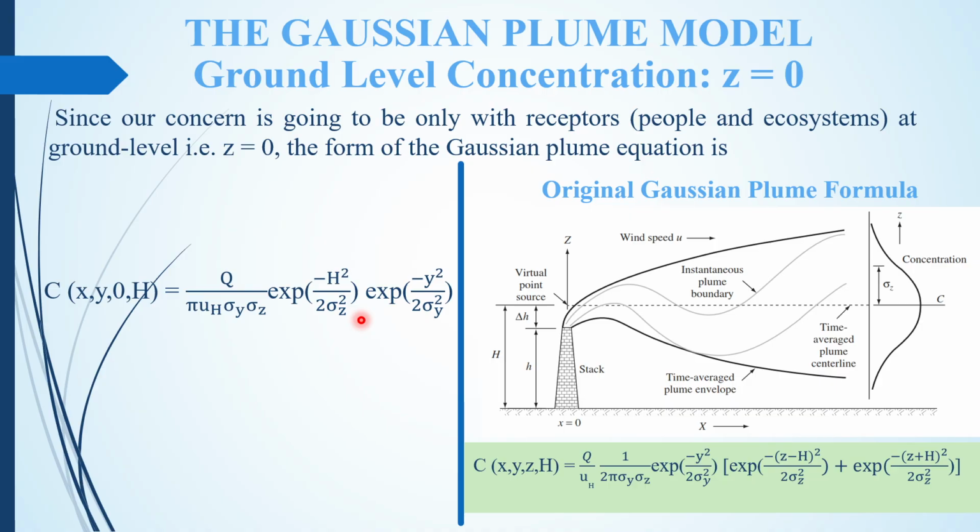This is the modification, and when this portion becomes the same, this will be 2 exponential minus h square by 2 sigma z square. That's why 2 and 2 are cancelled out. So this equation does not contain any 2 in the denominator part of this ratio.